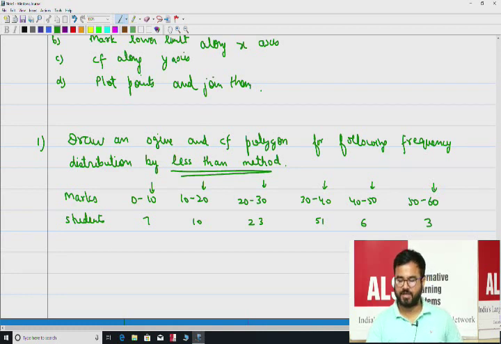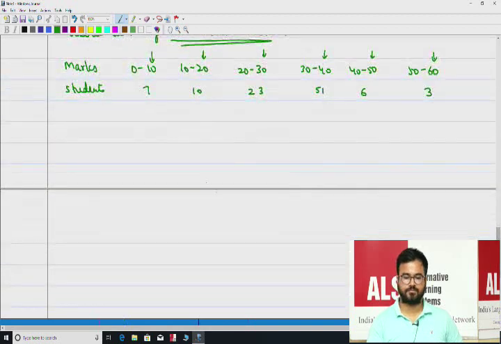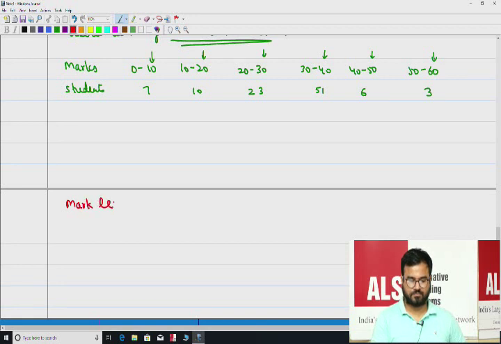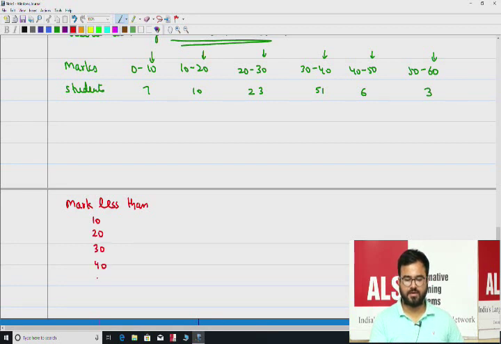We can draw one table. Marks less than, and then we will write the upper limit of each interval, which is 10, 20, 30, 40, 50 and 60, and this is the cumulative frequency we will write.